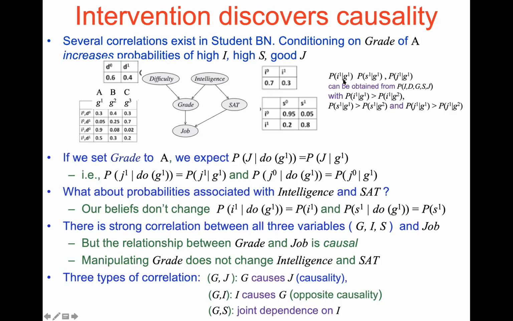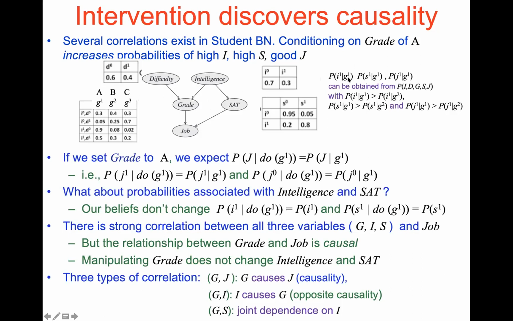If you're interested in P of I1 given G1, the intelligence given grade, supposing the student has received a grade of A, can you calculate the probability of intelligence? The other way around, you can do that because we have a joint probability distribution. We can do all kinds of marginalizations to obtain whatever probability we're interested in.